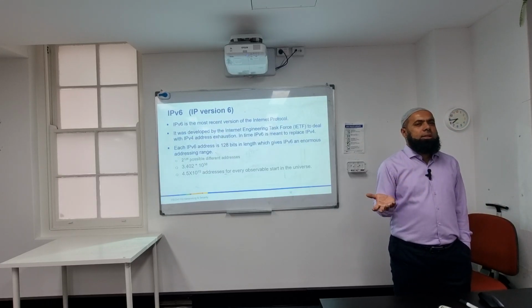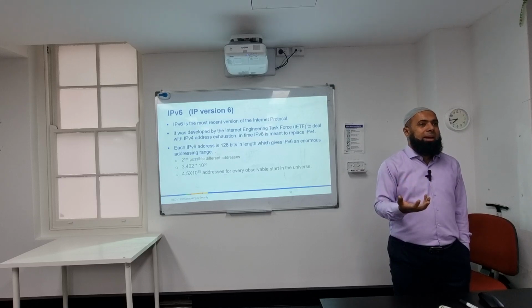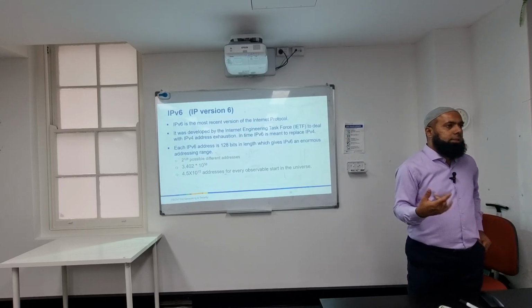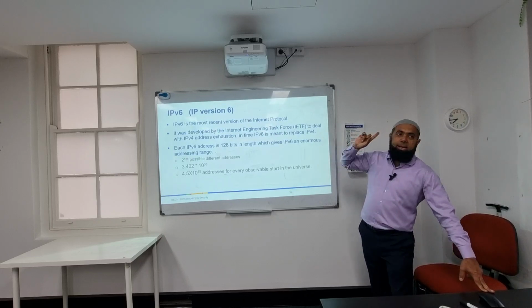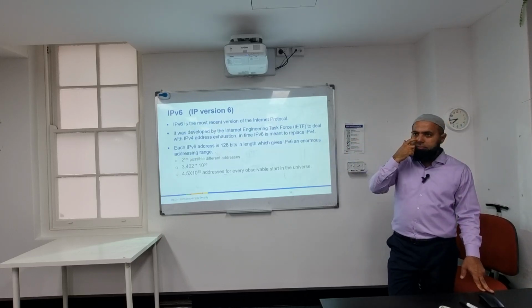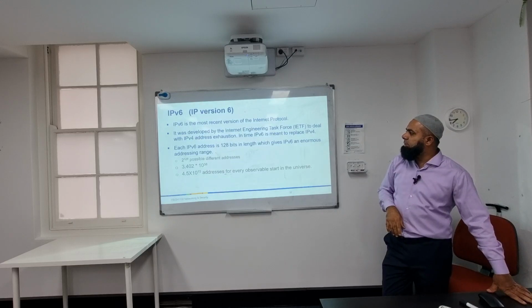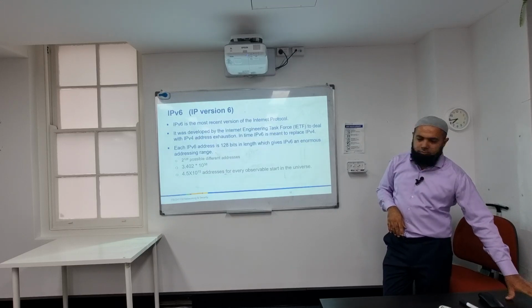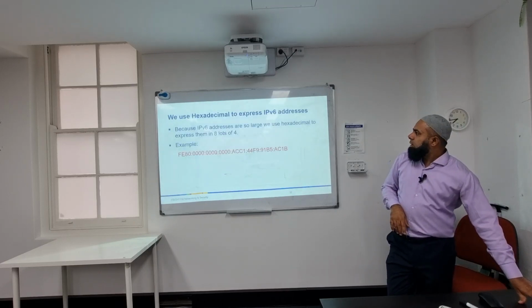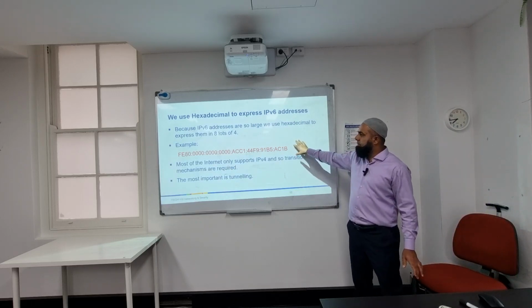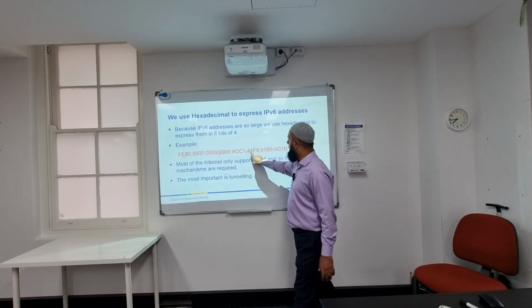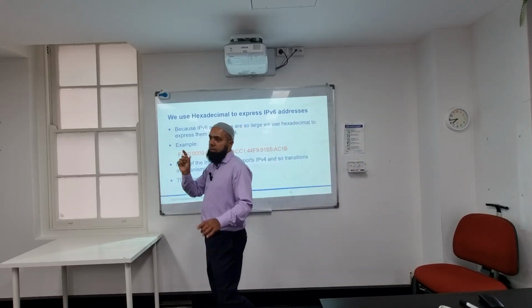You know that initially we had only 32-bit computers. Now we have 64-bit computers. That's another reason as well. For IPv6, they have 128 bits. Remember that: IPv6 has 128 bits. And this is how we write IPv6 addresses: 1, 2, 3, 4, 5, 6, 7, 8.